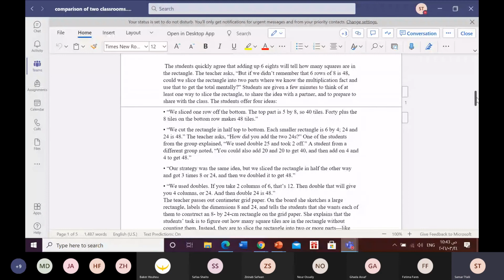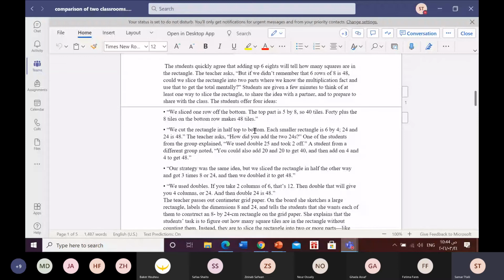Okay, students offer 4 ideas after working together. The first group: we sliced one row off the bottom. The top part is 5 by 8, so 40 tiles. 40 plus the 8 tiles is 48 tiles.